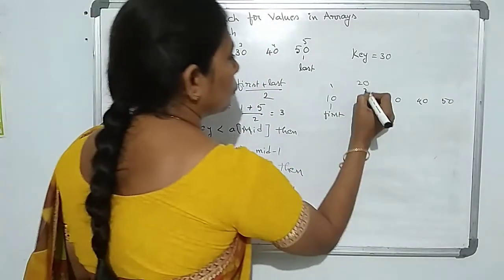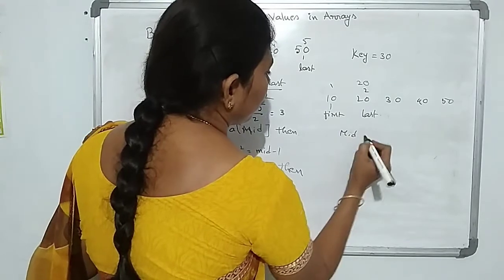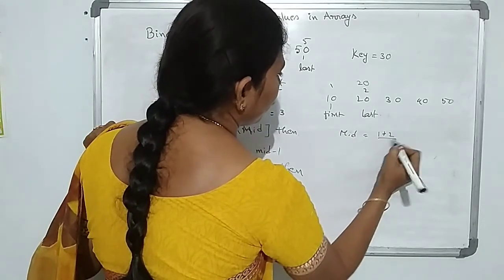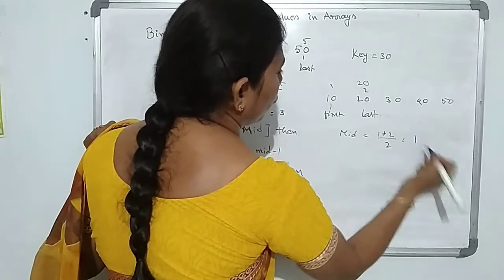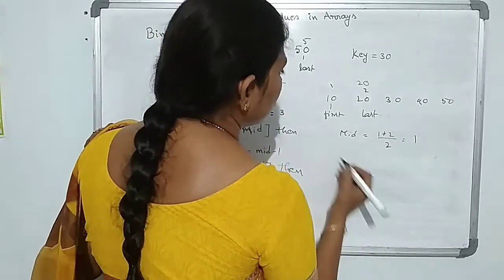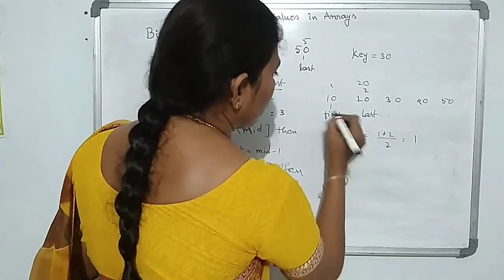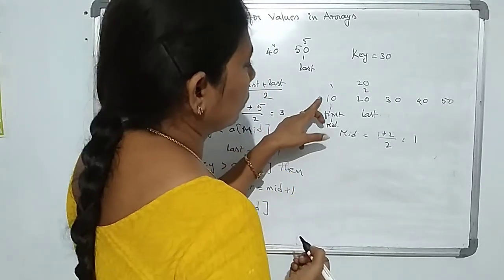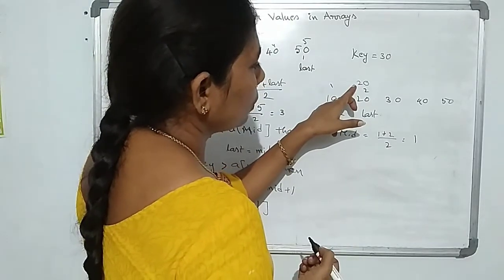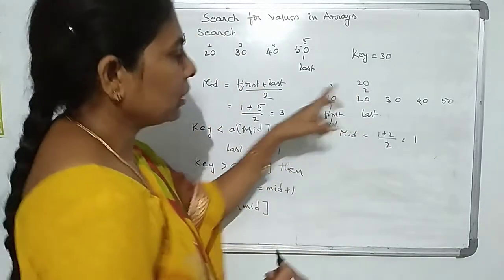So 1, 2. Again you calculate the mid value. Mid equals 1 plus 2 divided by 2, that is 1.5, so that means 1. So first and mid are 1, and in that position the element is 10. Is 10 less than 20? Yes. Is 20 less than 10?